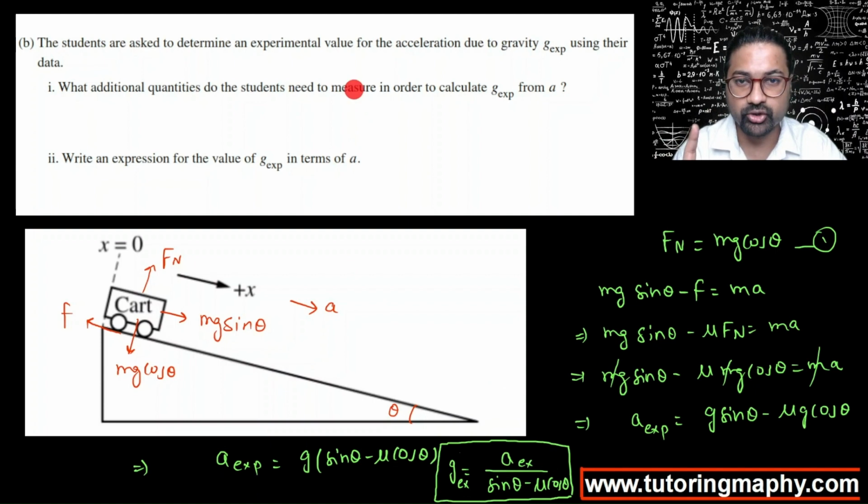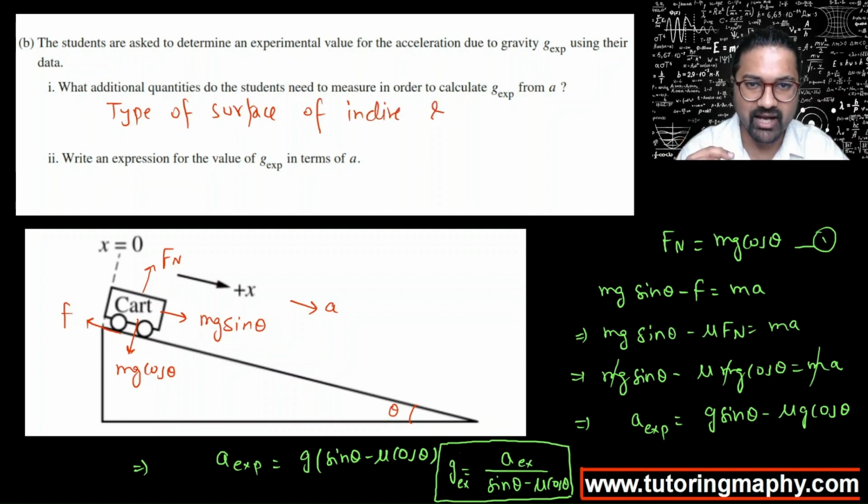But what we need to measure is the value of the inclination of the plane, which is theta, right? So what additional quantities? I will say that we need to identify the type of surface of the incline, so that we can find mu, and we need to measure the value of theta so that we can plug everything back in over here and find the value of g experiment.